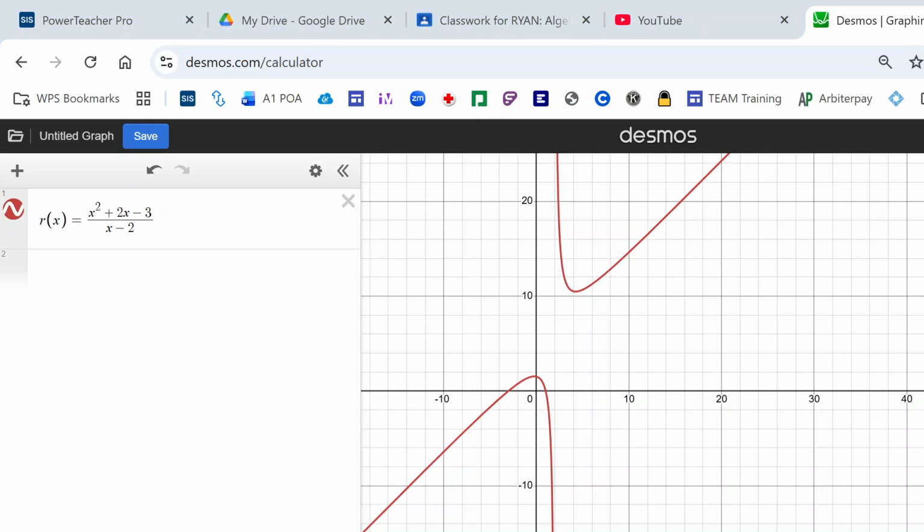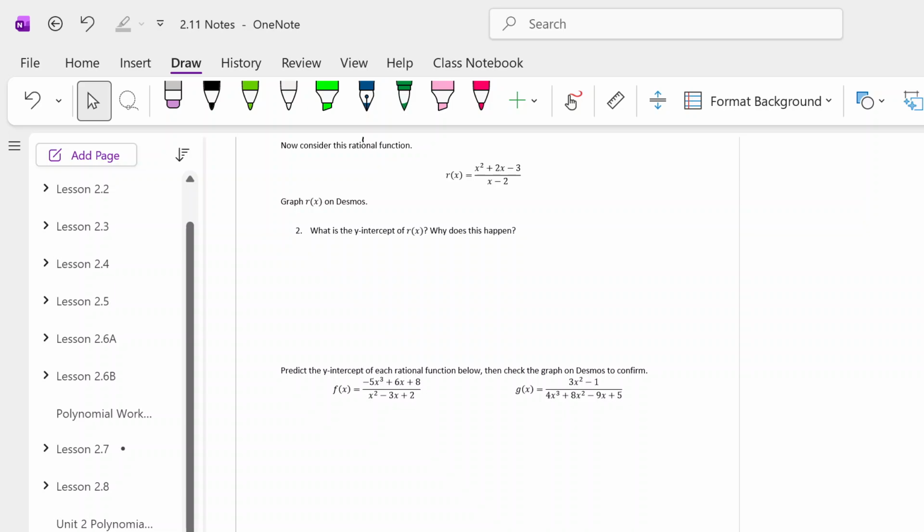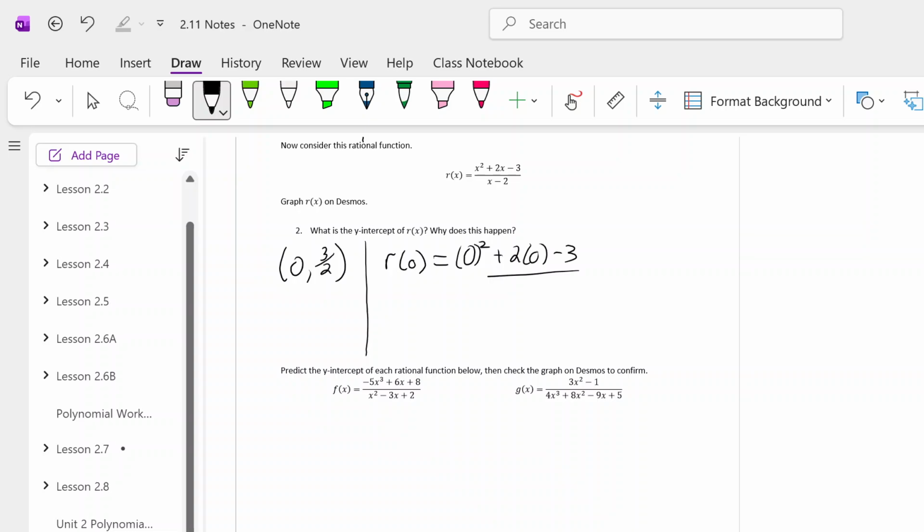So if we go back to looking at our notes, we know the y-intercept is at 0, 1.5, but I'm going to leave it at 3/2 or 3 over 2. And for the same reason that no matter what the function looks like, if we plug in 0 for x, we will always be finding a y-intercept.